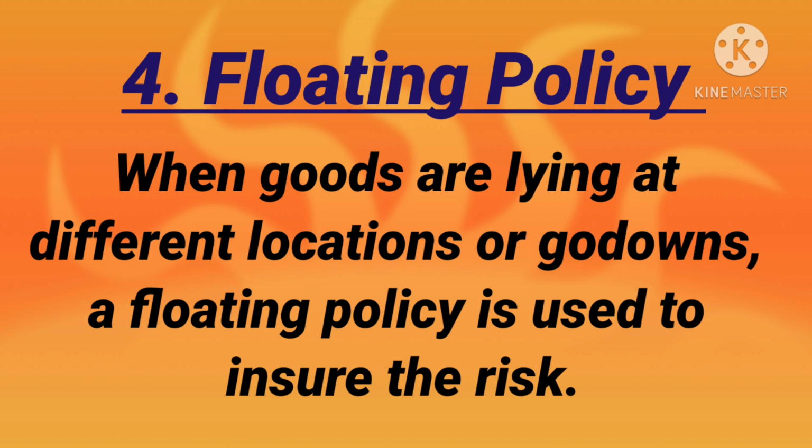A floating policy is taken for one single sum and a single premium amount is paid for all goods lying at different locations. The insurance company is liable to pay the insured in case of damage at any of the locations.